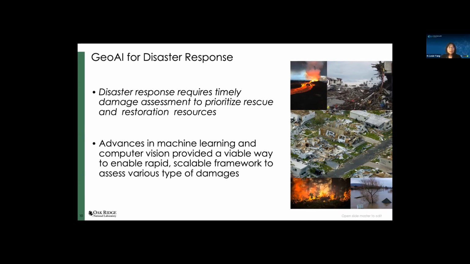And I picked disaster response as one of the examples to examine how the current status of GeoAI can help, because disaster response and damage assessment are themselves a repetitive exercise of looking through remote sensing images at different resolutions, looking at the damaged parts of the buildings, and looking at how many debris piles are present in high resolution data.